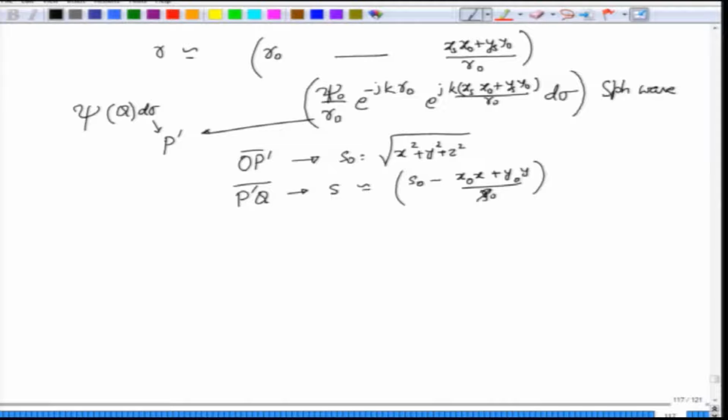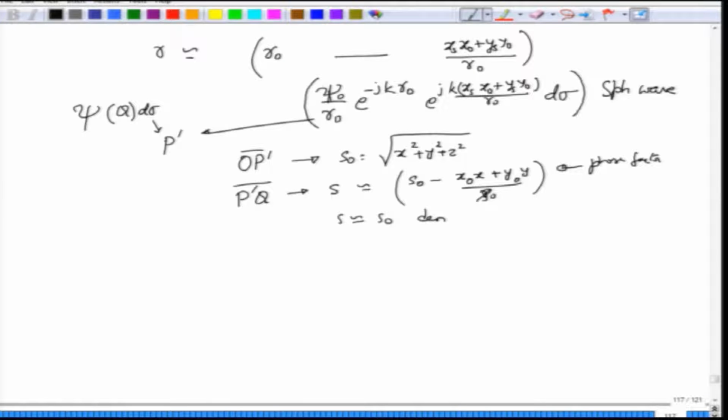I can do this based on whatever we have already discussed. In the denominator, we are going to make the approximation that S is approximately S0, and in the numerator, in the phase factor expression, we are going to retain this same paraxial approximation.